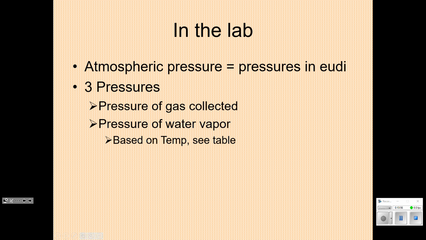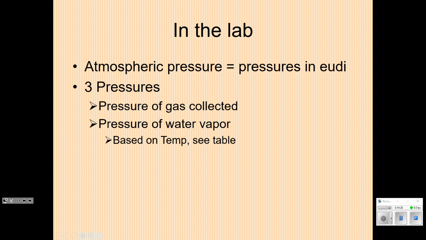You picked up on the way in a sheet that gives you, at any given temperature from 0 through 50 degrees Celsius, the vapor pressure of water. So this little sheet will be handy for the lab that we're going to be doing on Friday. We're going to be practicing this probably next class. I don't know if we have time today to get out the eudiometers and practice it.